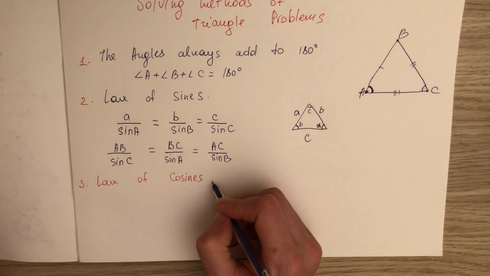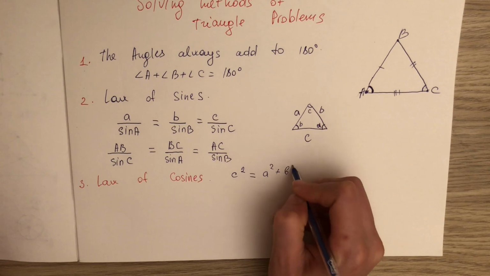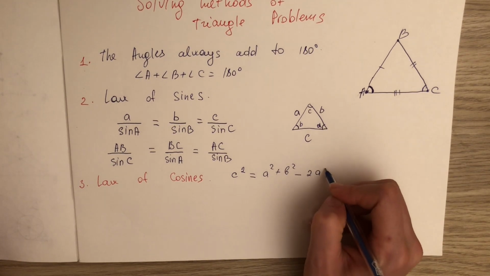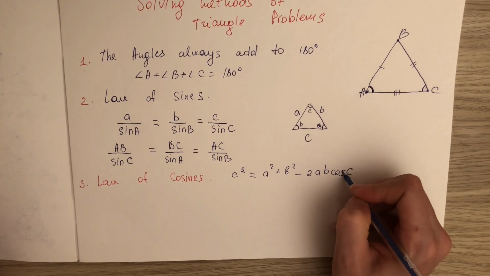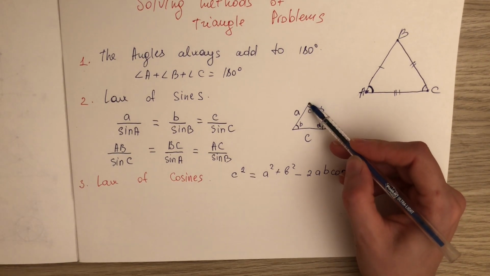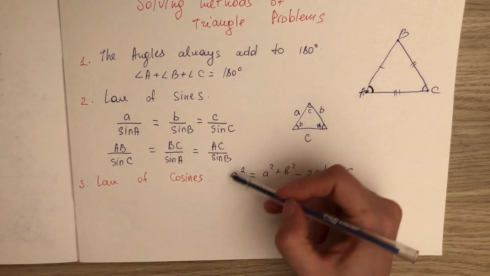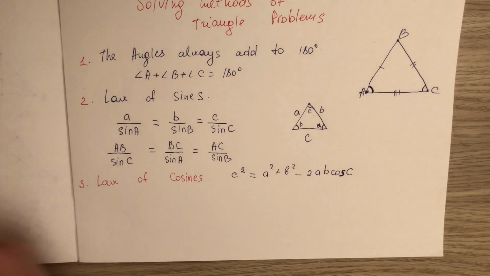So C squared is equal to A squared plus B squared minus 2 times AB cosine C. Try to imagine this formula in this triangle. And this is our third law. And there are 6 different types of puzzle you may need to solve. Let's get familiar with them.